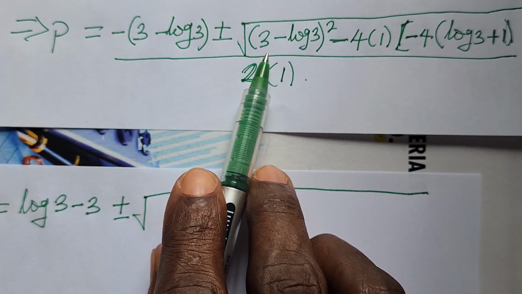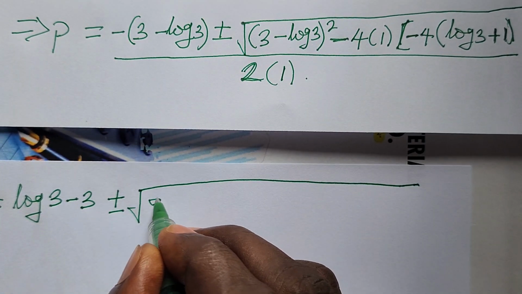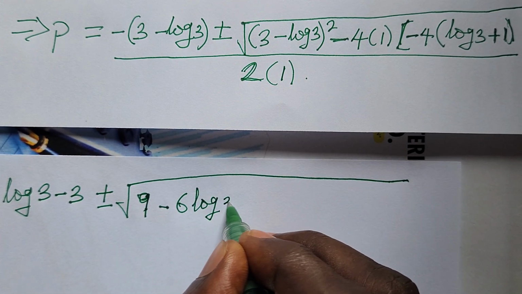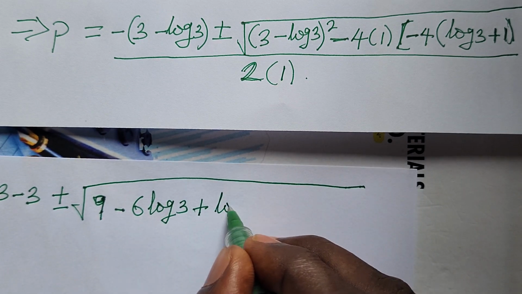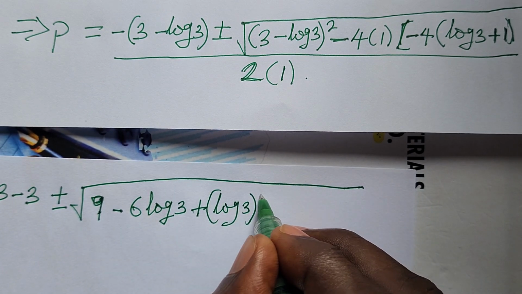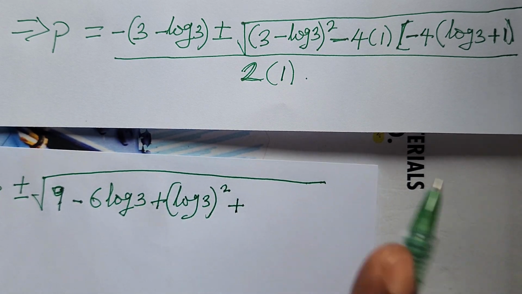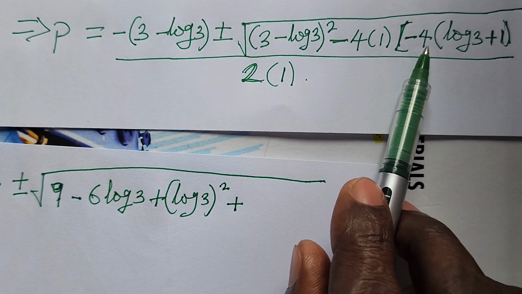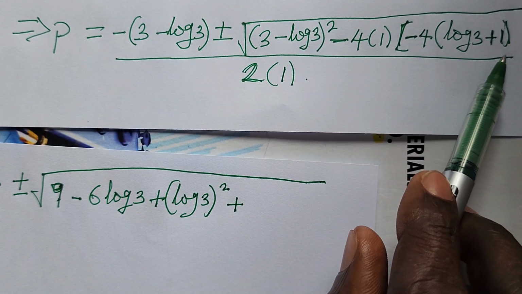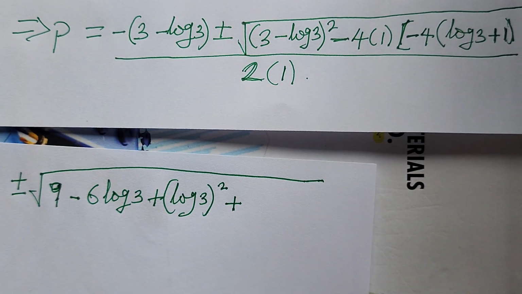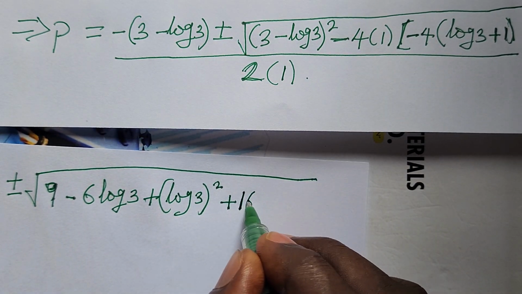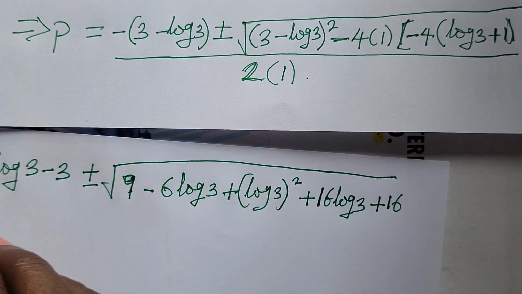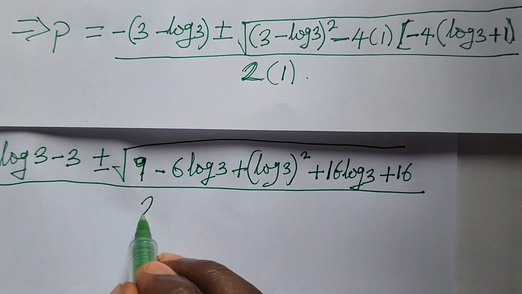Here we can open this up. It is going to give us 9, minus 6 log 3, plus log 3 all to the power of 2, plus, if we use this to open up this, it gives us minus 4 log 3 minus 4. So if we use this minus to open up along with this constant, it's going to give us plus 16 log 3, plus 16. Everything all over 2.